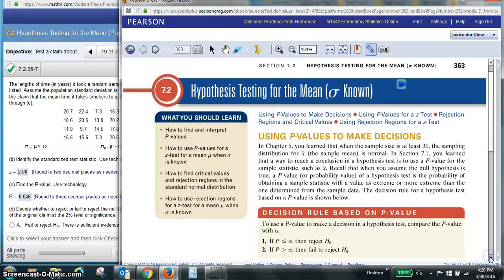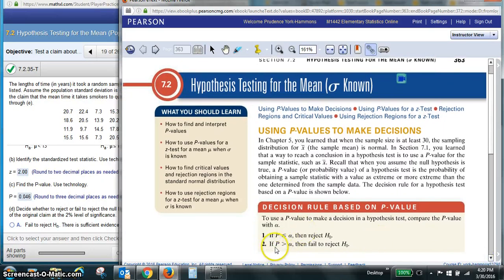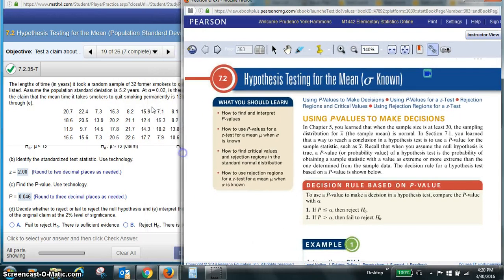If p is greater than alpha, in this case 0.046 is greater than 0.02, then we fail to reject H sub O.